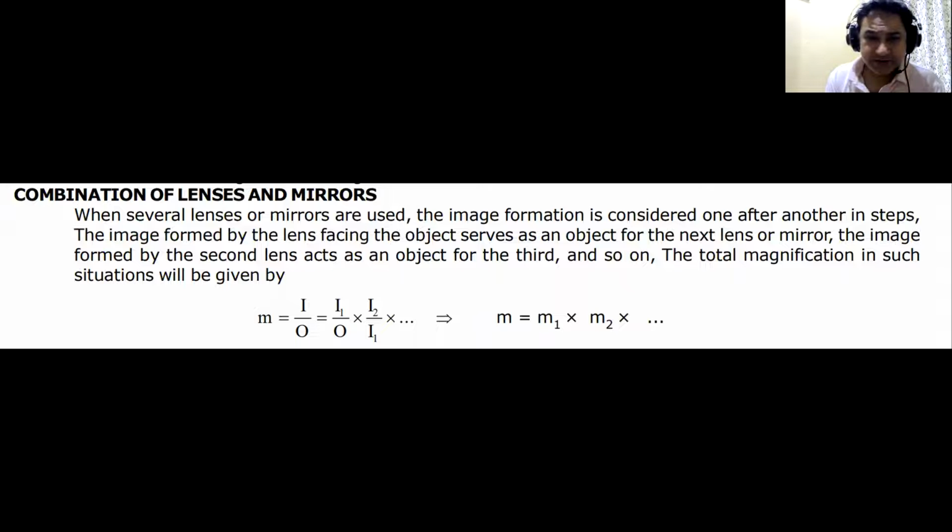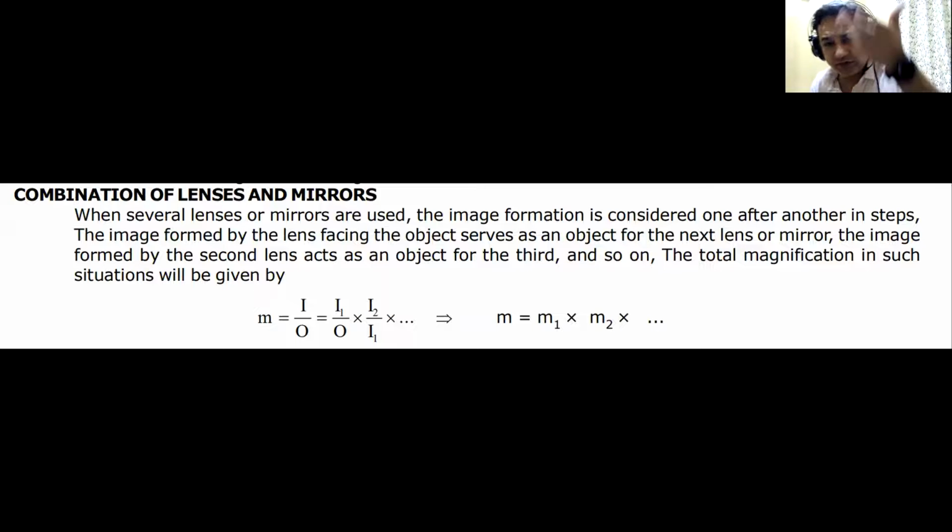So what will happen in this? If you have a number of lenses and mirrors placed one after the other, let us say the first element is a lens. This lens will create a first image of the original object. Now this first image will act as the object for the second lens.